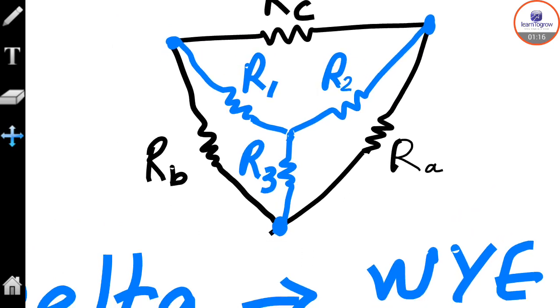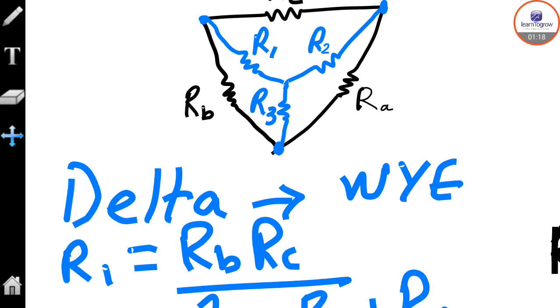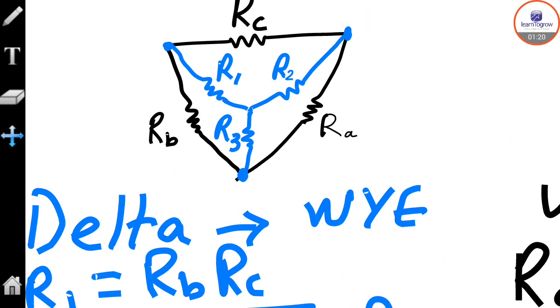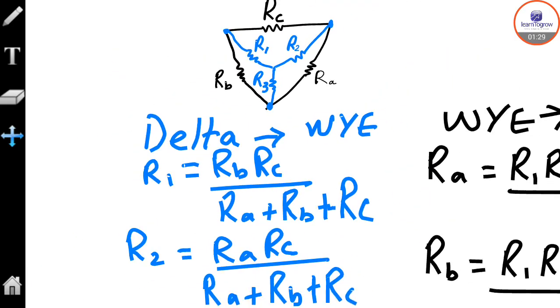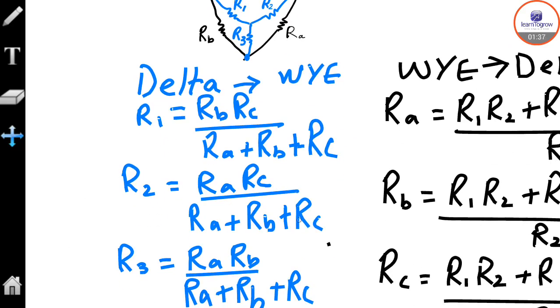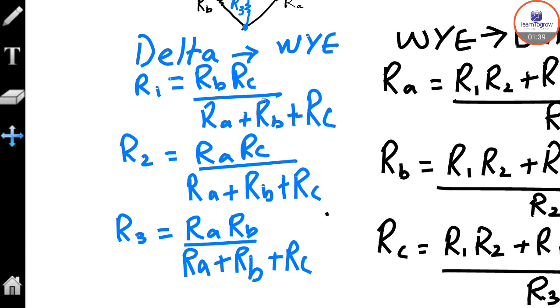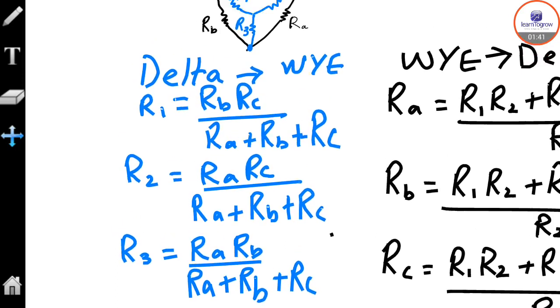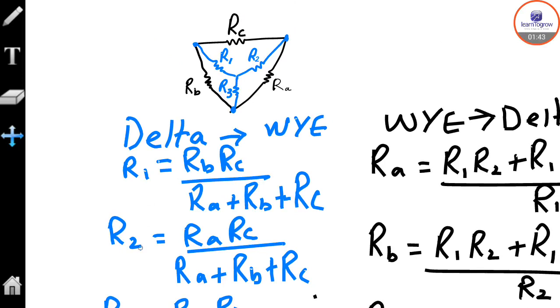When we want to convert a delta into a wye, we have these formulas. If we have a delta, we have RA, RB, and RC. We will put these into the formulas to get R1, R2, and R3.